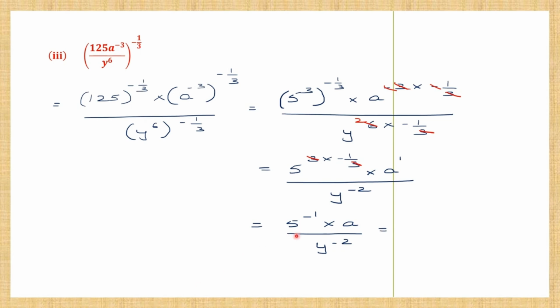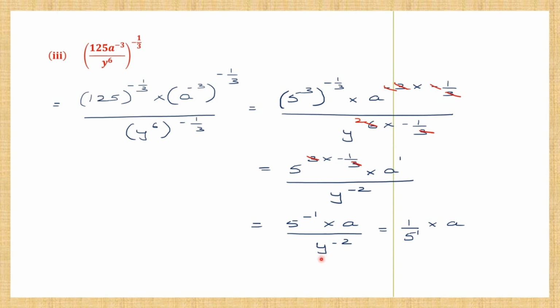Now if I have to change 5 raised to the power of minus 1, to make this minus 1 positive, I have to write the reciprocal. So let me write that. So that becomes 1 by 5 raised to the power of 1. Now the power is positive, into a. Now here we have y raised to the power of minus 2. If I have to write this as a positive power, I have to write the reciprocal.